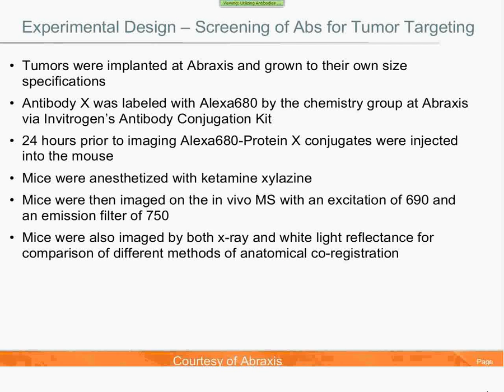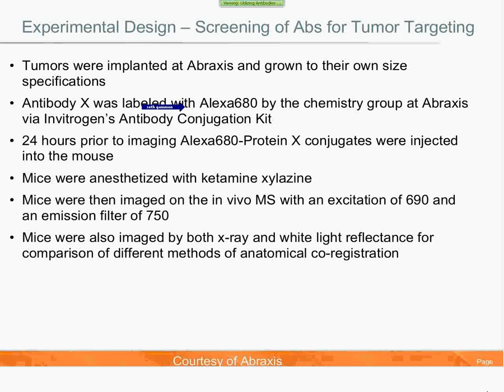What you can see from some initial studies is that the Alexa 680 conjugate has two nice foci of uptake. However, without co-registration, we don't know what these are. When you co-register with a white light image, you can see that unfortunately these look like they're the kidneys.